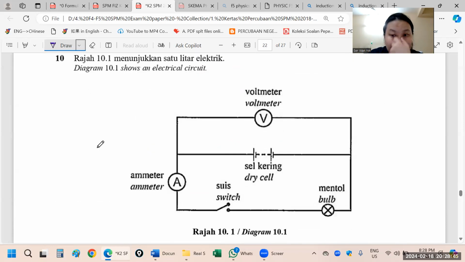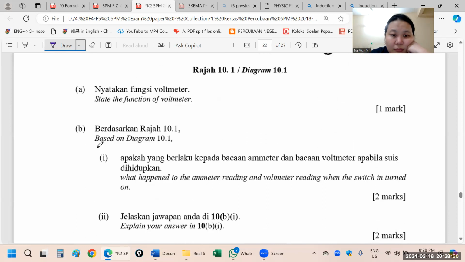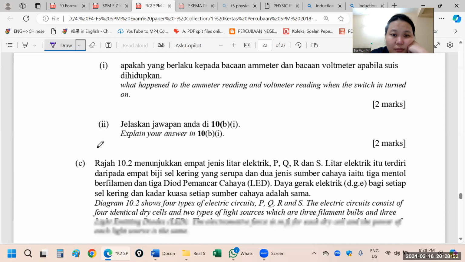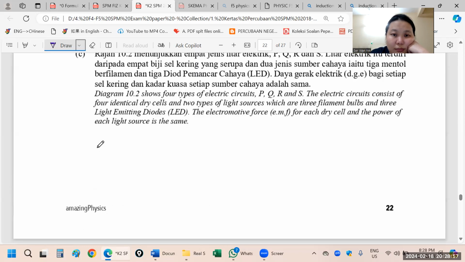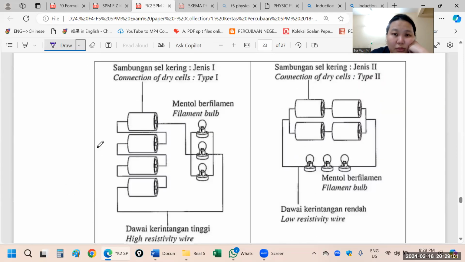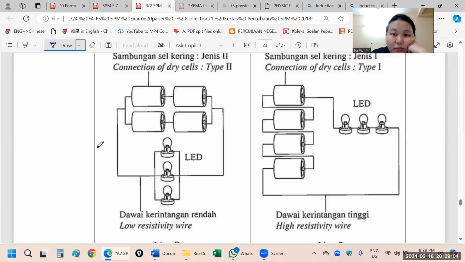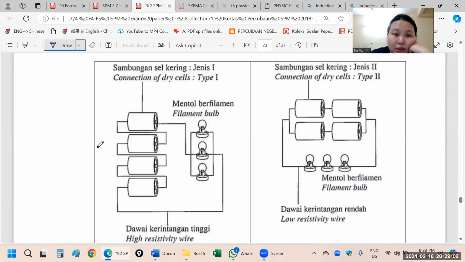Okay, then this one. Okay, so this one is quite hard. Because you can see here, this is a series circuit.